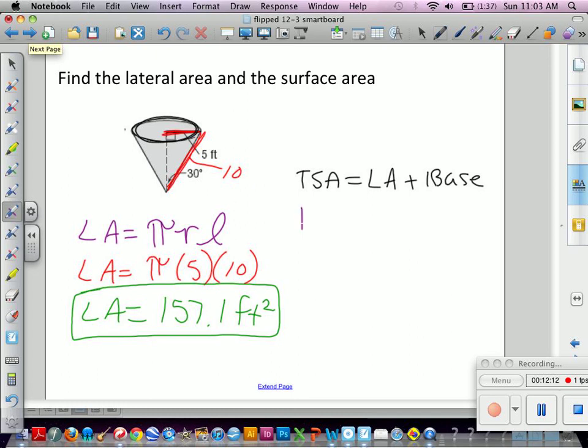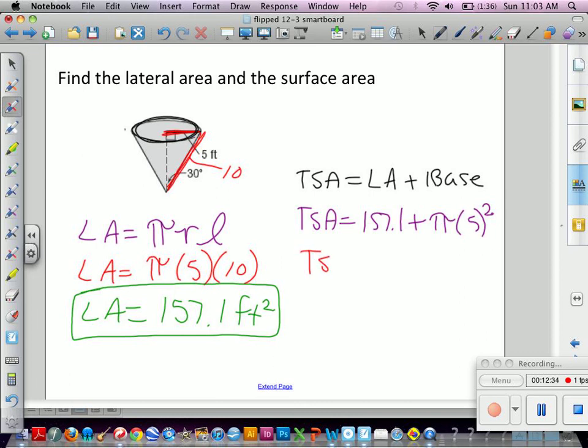Total surface area. So I'm going to get my lateral area, which is 157.1, plus I need the area of a circle, pi r squared, 5 squared. So this is all the work that I'm showing, and I'm showing it in detail, and I'm having it organized.